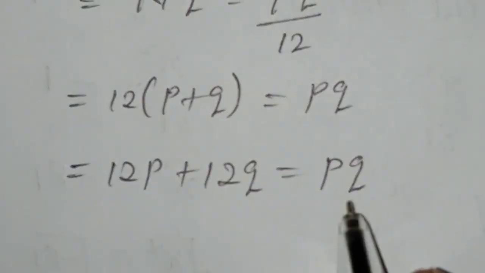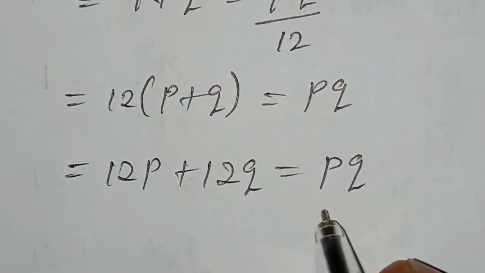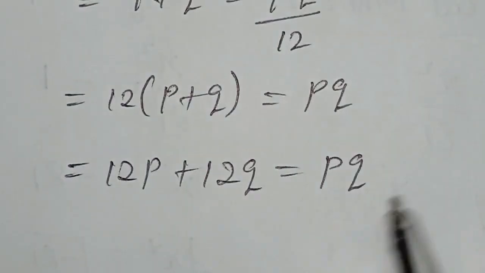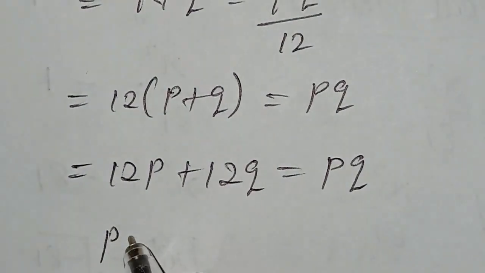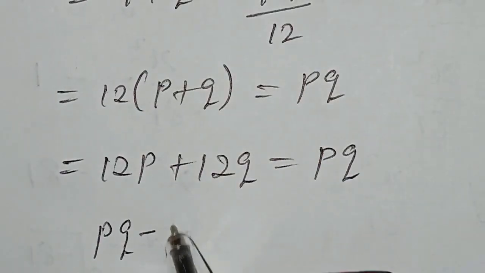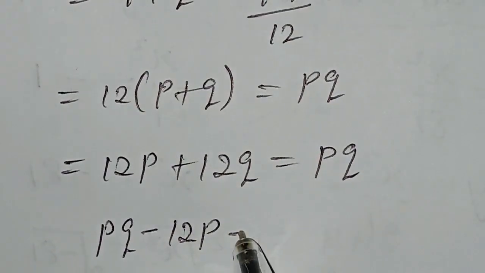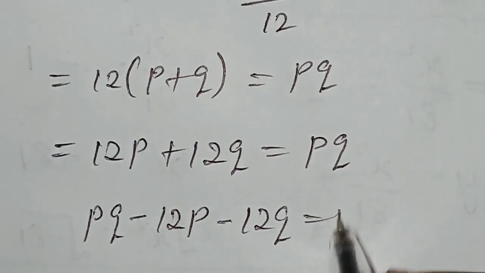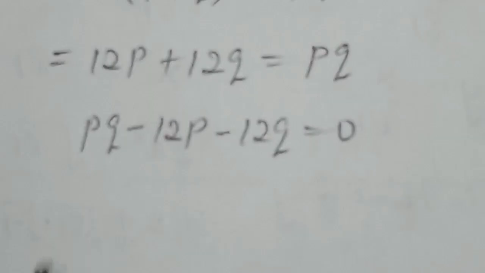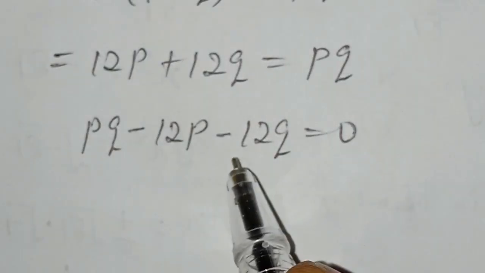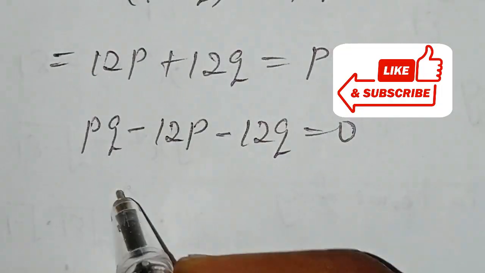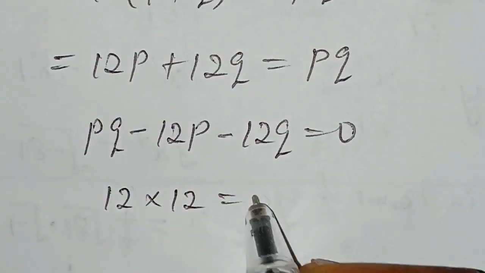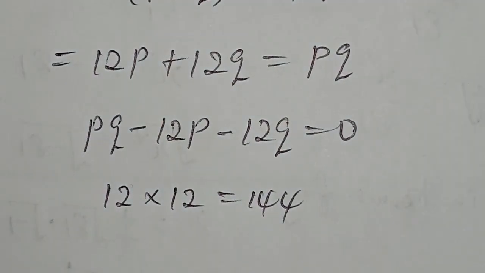Now from here, we move all the terms to this side. So we have PQ minus 12P minus 12Q equal to 0. We have the multiplication of 12 by 12 to give us 144.